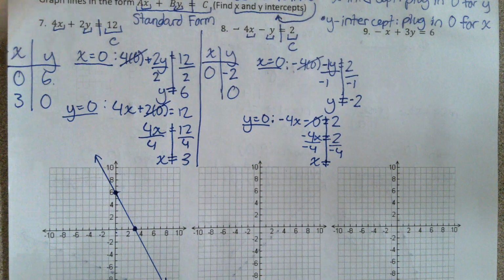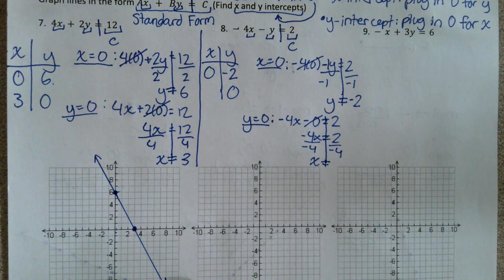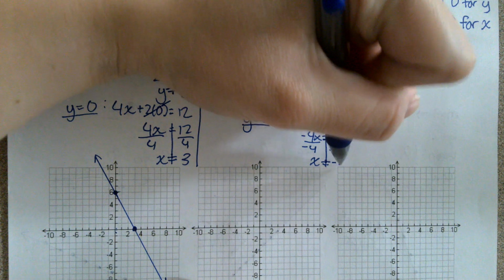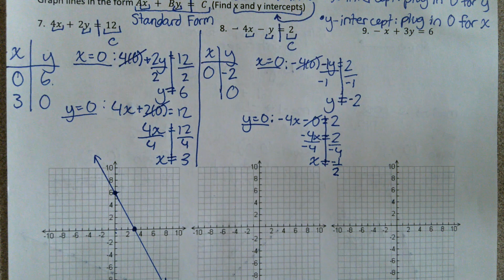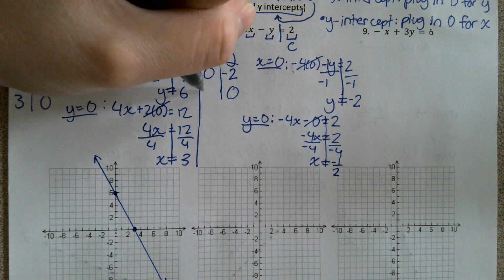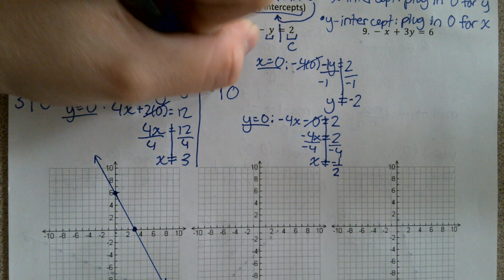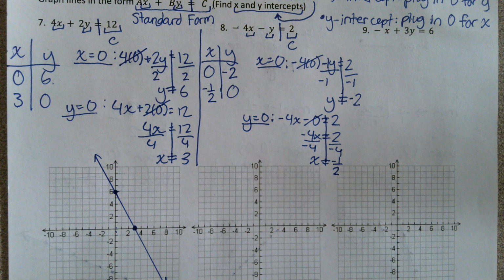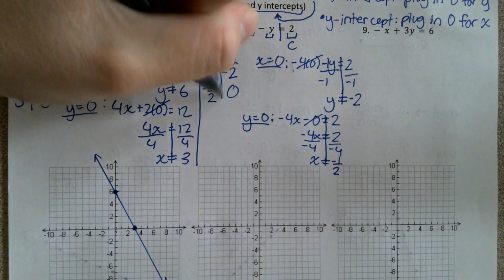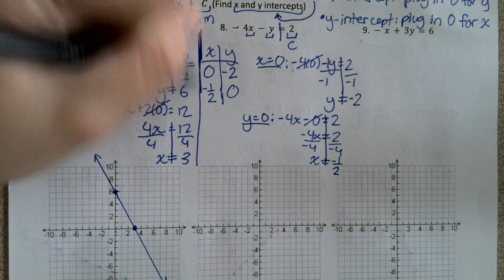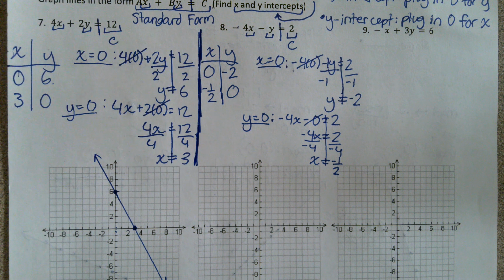X equals 2 divided by negative 4. I'm going to simplify that down to negative 1/2. If you keep it as negative 2/4, that's okay, because on the graph, they're going to be in the same place. Darken that a bit to create that separation.